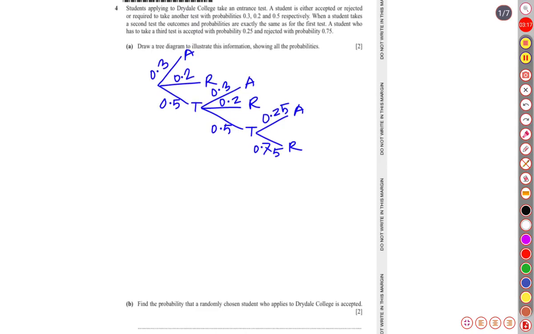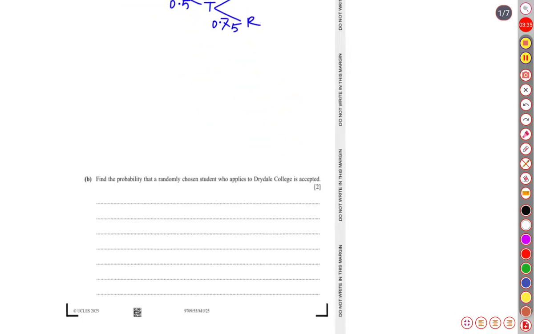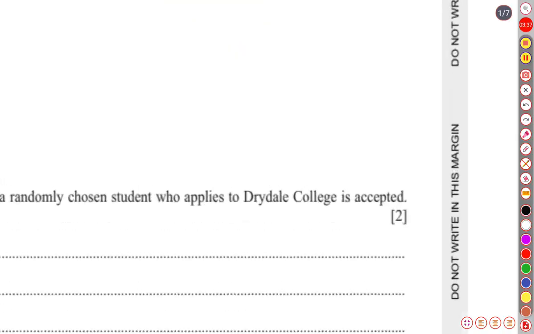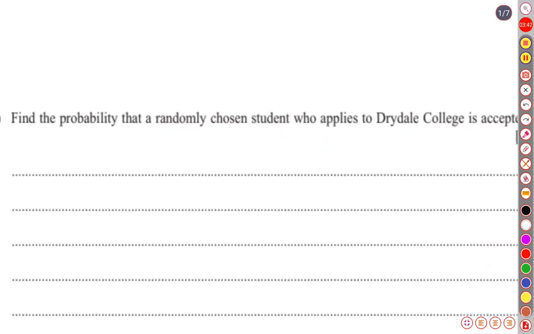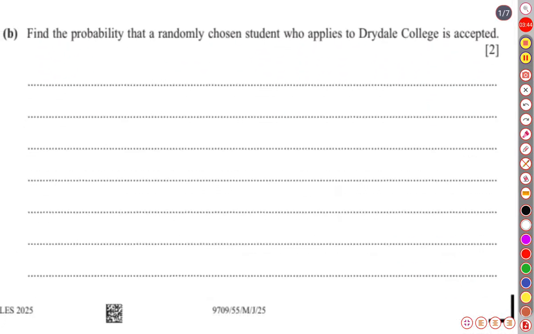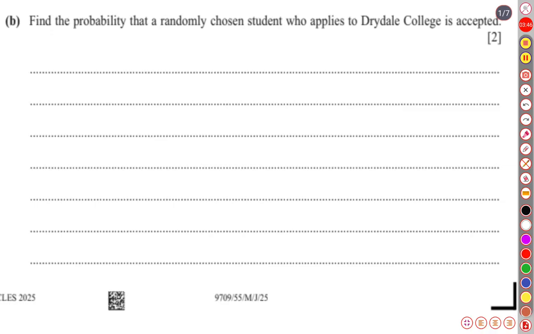He might be accepted in the first attempt, or he needs to take the second test, or he might take the third test. So let us write the probability of acceptance. It may be in the first attempt, second attempt, or third attempt.